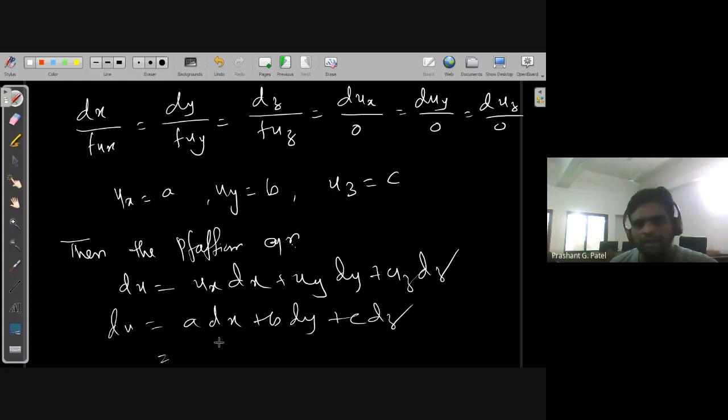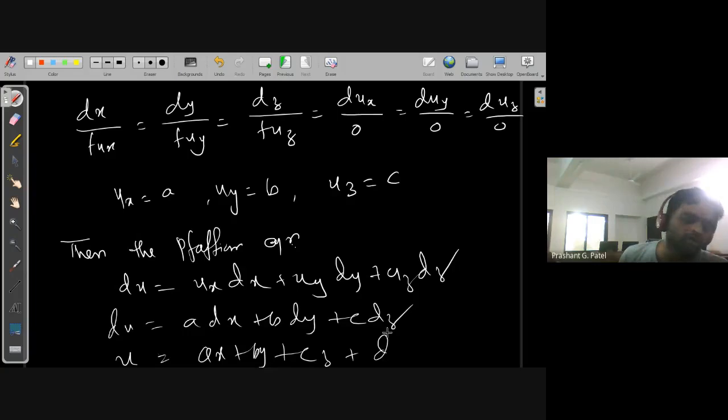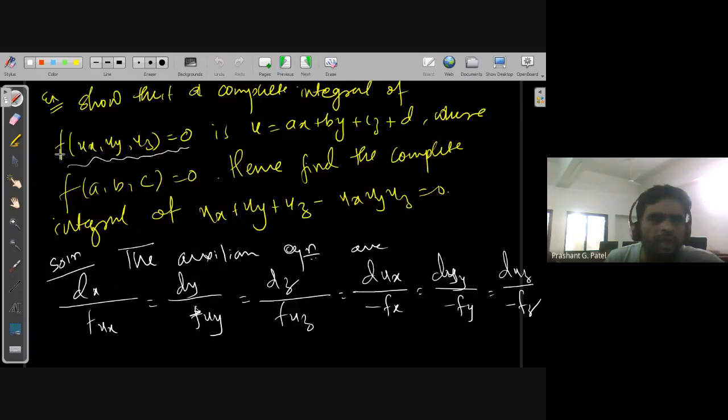So if I integrate this one, then you will have u equal to ax plus by plus cz plus some constant d, where a, b, c and d are constants, and a, b, c satisfy the given equation f, where ux is a, uy is b, and uz is c. So that satisfies this equation.